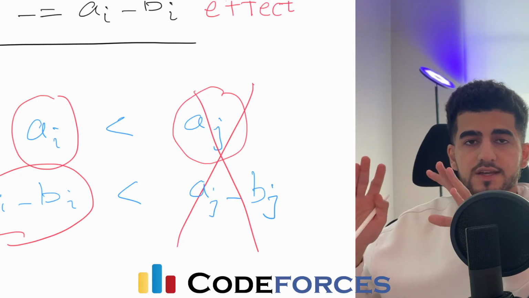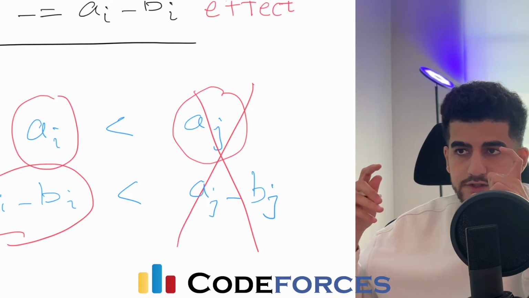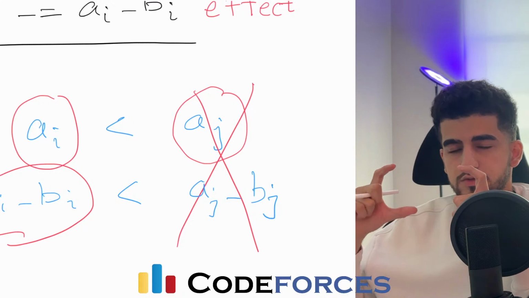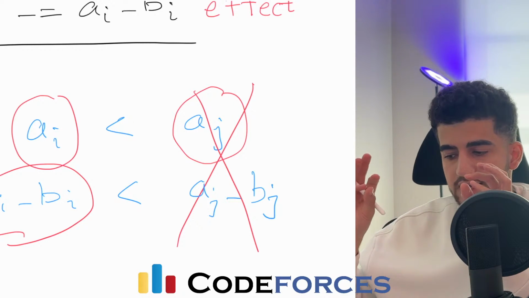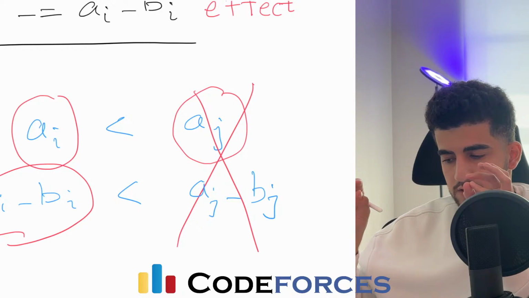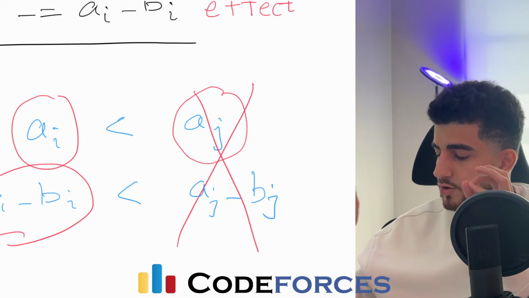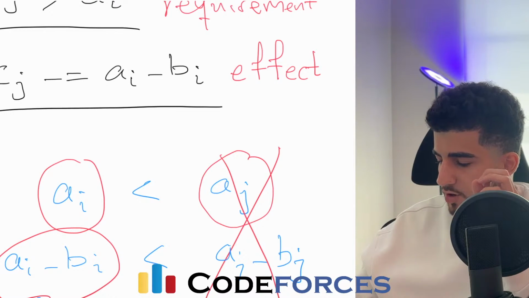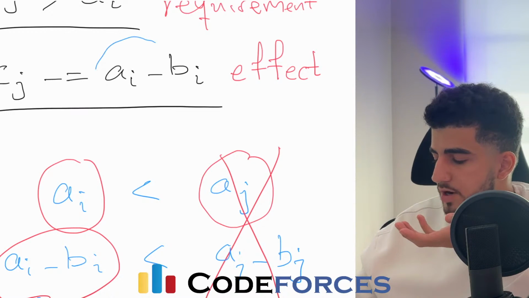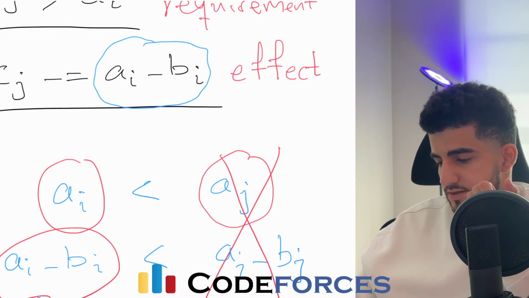So the first fact that I said was that if I have two different weapons, such that for the first one the value of A is less than the second one, then the return on the first one is better, because I will lose AI minus BI of metal after that.